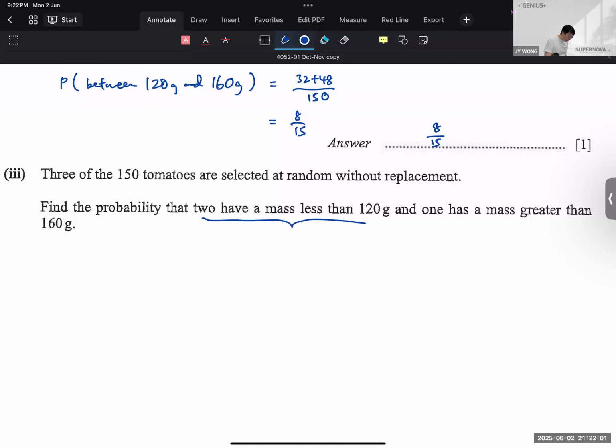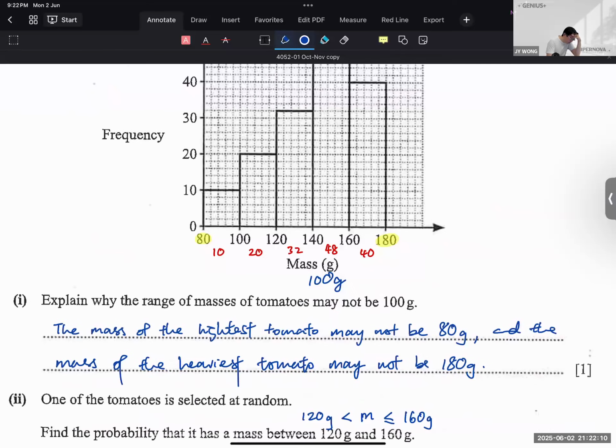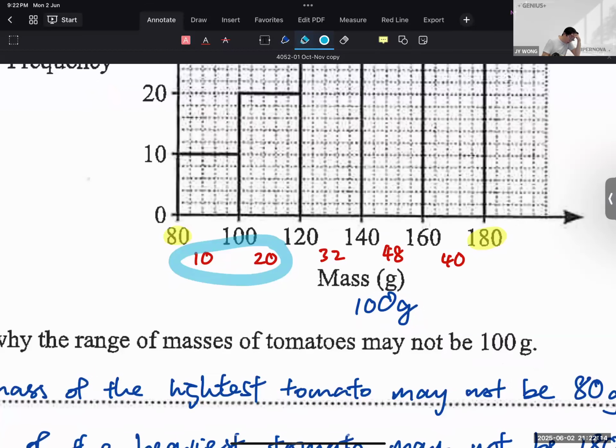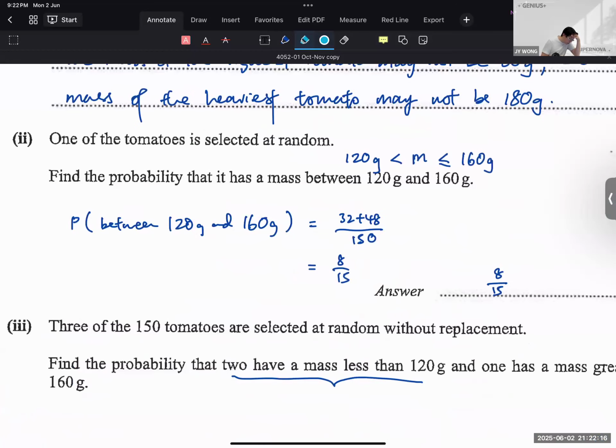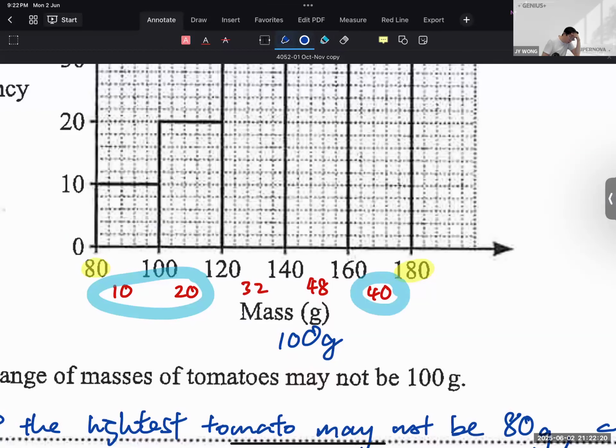So for 2 of them to have a mass less than 120, what's the probability? What's the probability of mass less than 120? 30, right? And then what's the probability of mass greater than 160? 40, right? Agree?